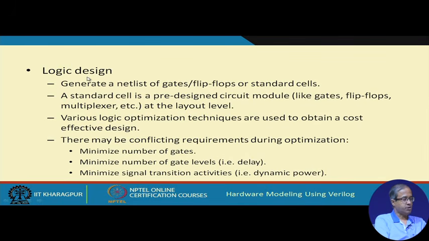Now, when you come to the logic design level, here we again have a netlist, but now your blocks are gates and flip flops or something called standard cells. What a standard cell is, we shall be discussing later. Well, a standard cell basically is a pre-designed circuit module, like a gate, a flip flop, or a small circuit like a multiplexer, whose layout is already given to you.